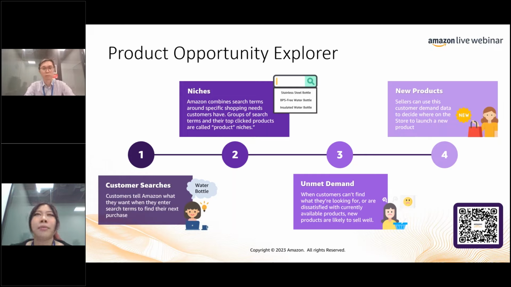So maybe stainless steel water bottle, BPA-free water bottle, insulated water bottle are all categorized under water bottles, etc. Basically, they combine the different commonly searched terms into a particular niche, and we will show you niche level data, which I'll explain later on.